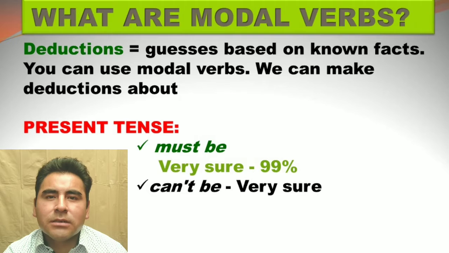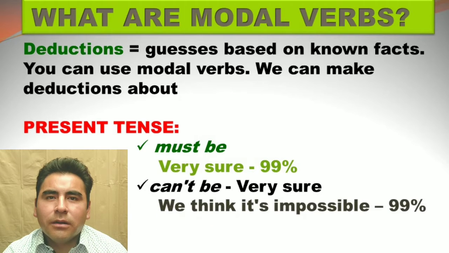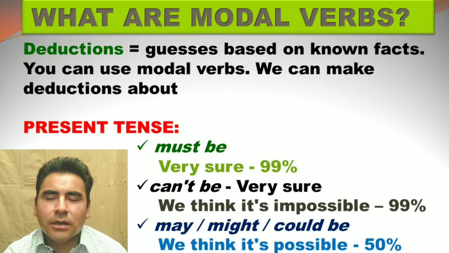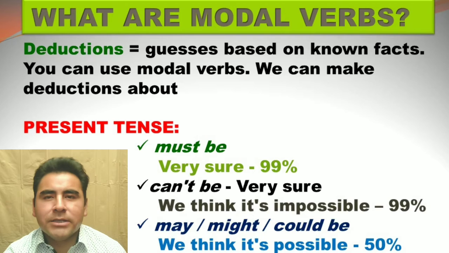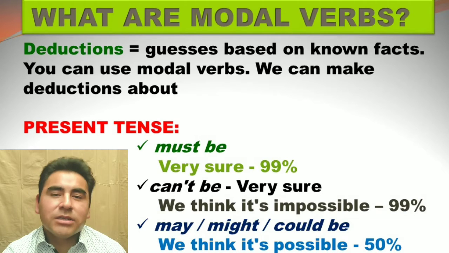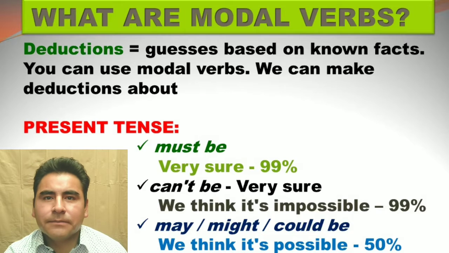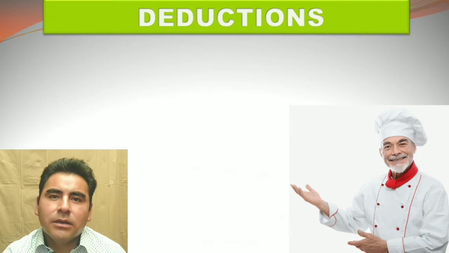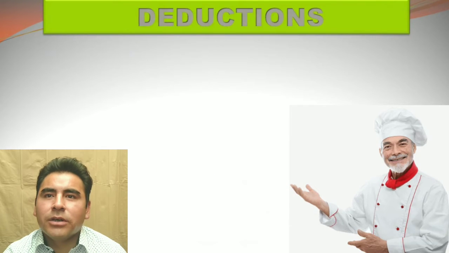If we mention can't be, we are 99% sure also, in a negative sense. And another one we have is may and might. That is, could be. There is a possibility it is real, okay? 50%. It could be real or not. That's usually the case. Let's look at this example.